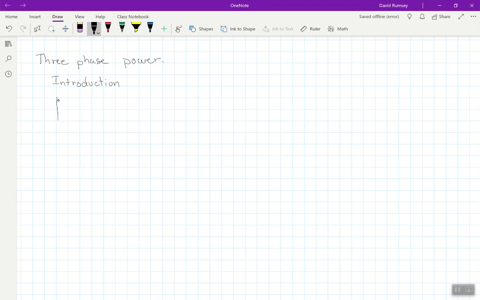Now, when you look at three-phase power, you're going to see these kinds of graphs fairly frequently. Let me show you what I mean here. So let's see if I can sketch one that's pretty decent. I'm not going to bother putting my axes in here for this.